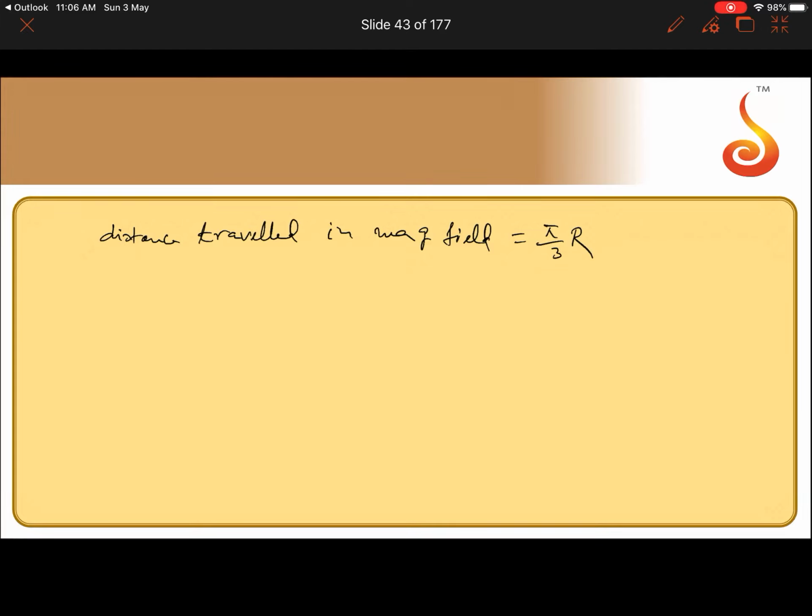So the length of the arc will be pi by 3 times mv by qB. So only first and second options are correct.